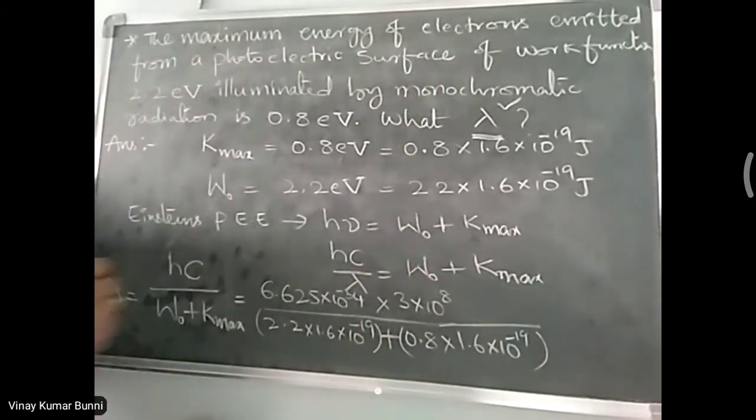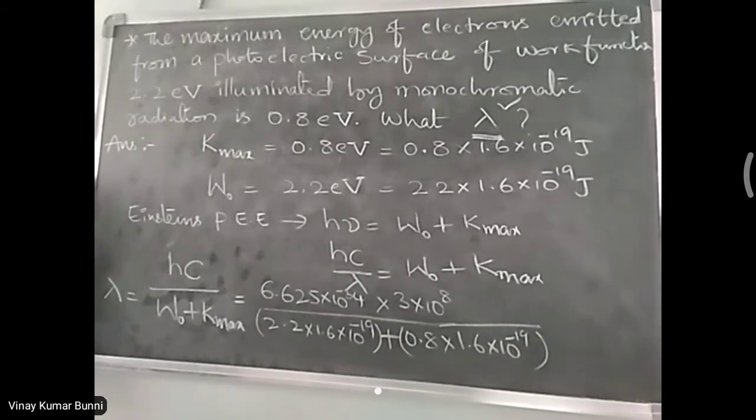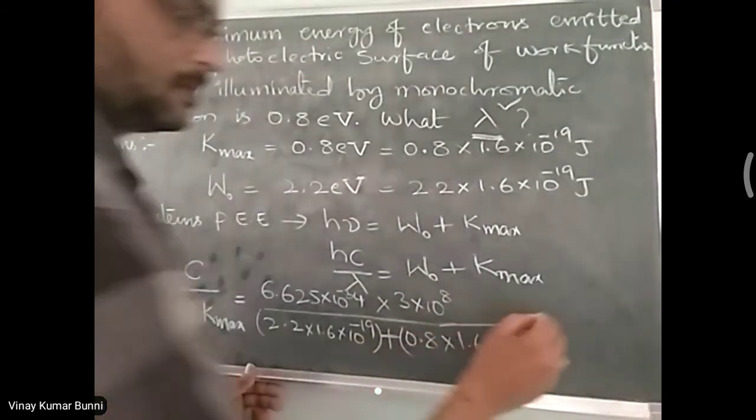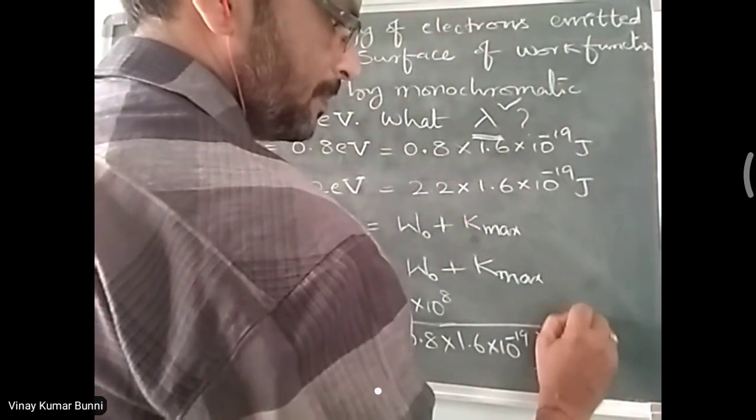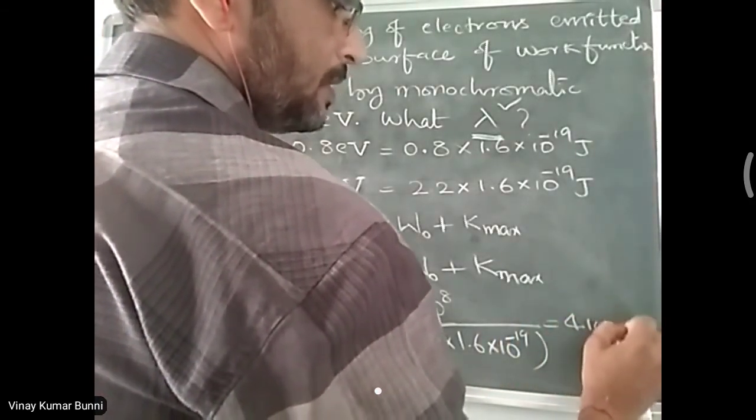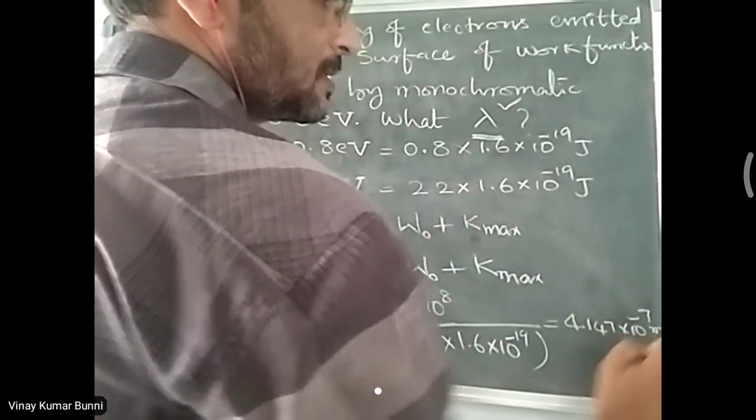This is the process to solve this type of problems. So the final answer becomes 4.147 into 10 power minus 7 meters.